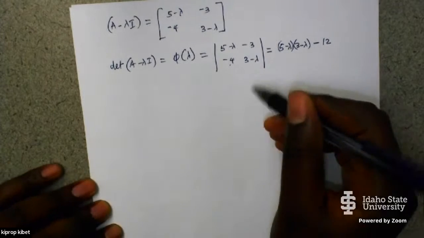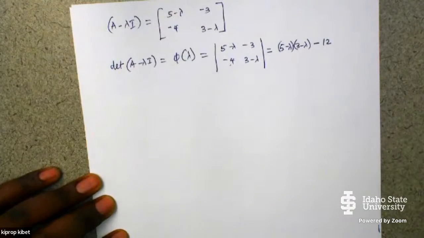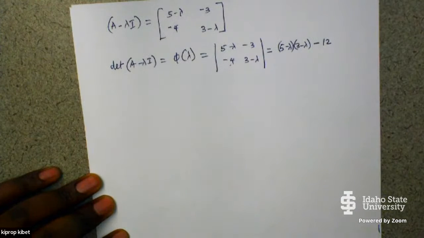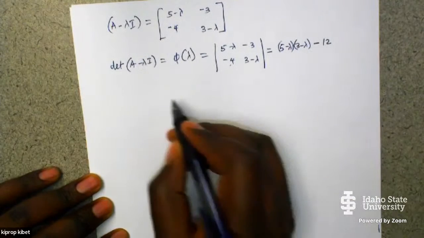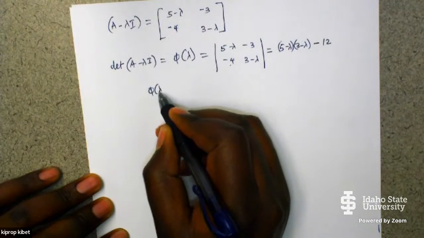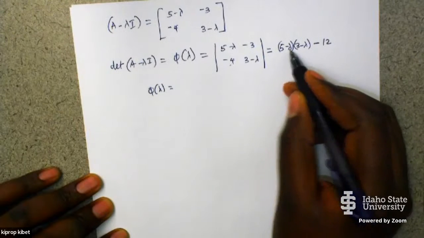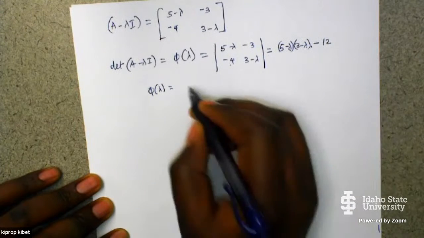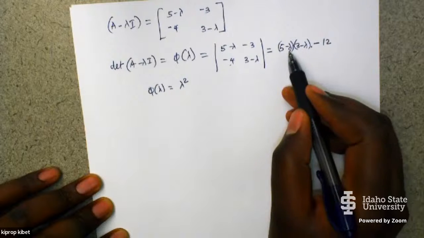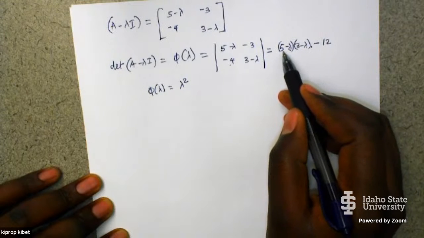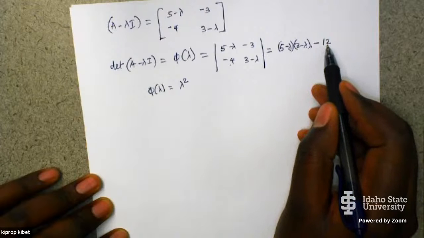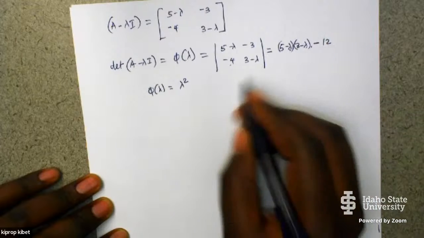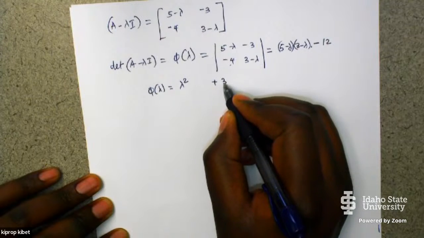So you can open these brackets. When you open these brackets, our characteristic polynomial is equal to lambda square, and then 5 times 3 is 15. So 15 minus 12 is plus 3 there.